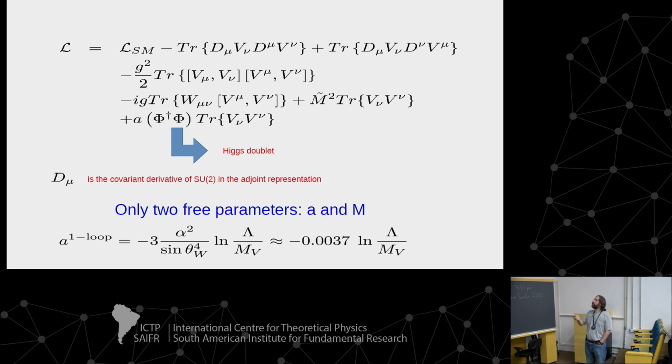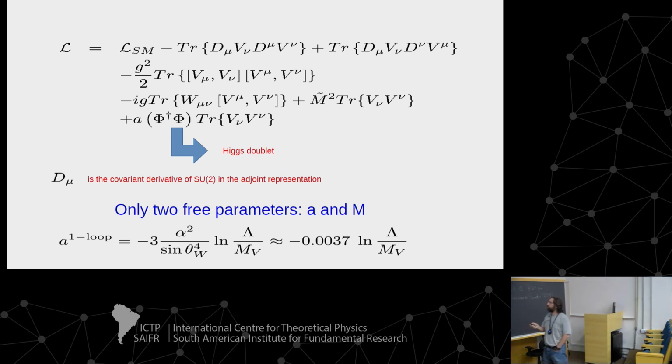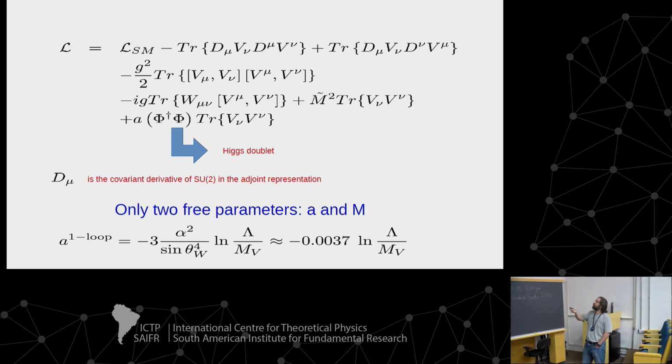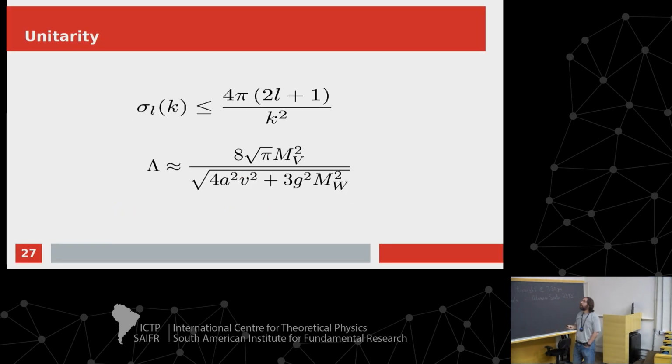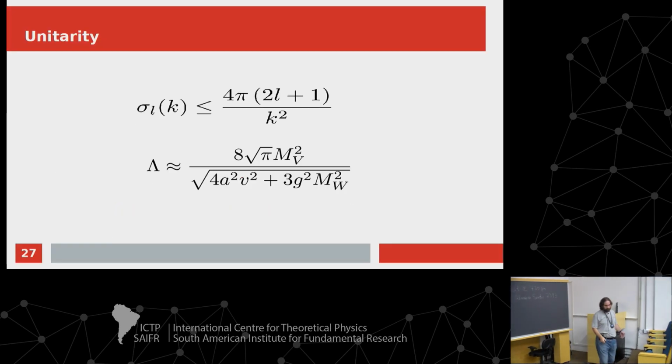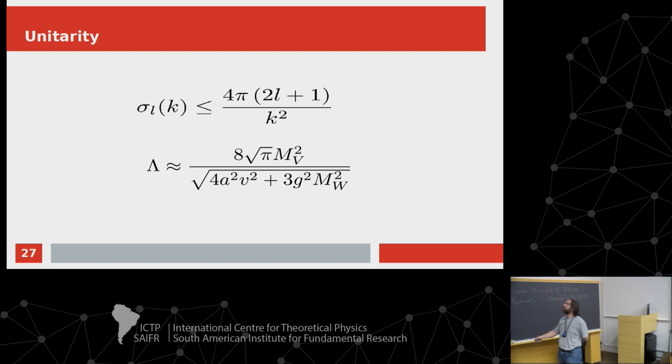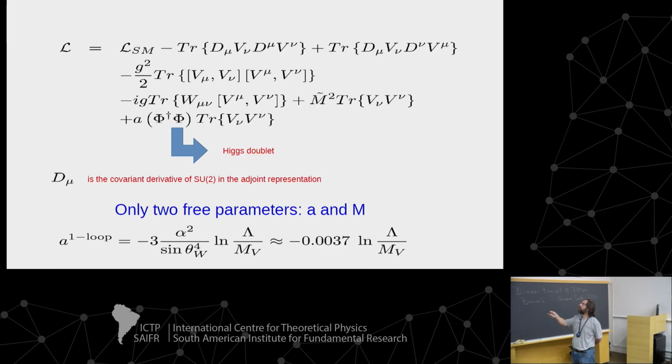Okay, this model is a really minimal extension of the standard model. We have only two free parameters, this A coupling constant and the mass of the vector. We checked unitarity, and unfortunately, we have problems with unitarity again because of two reasons.